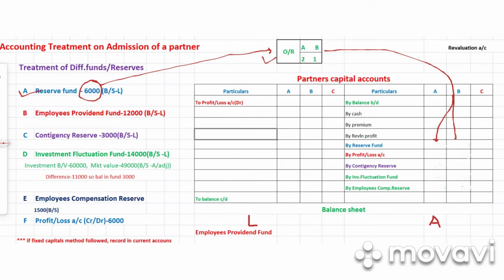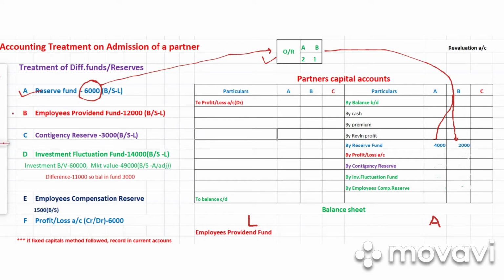So this amount 4,000 and 2,000 will go respectively to A and B's column in their capital account, right? So you write it in this way: by reserve fund 4,000, 2,000 respectively. So their capital accordingly will increase. Okay, so that is the first item.